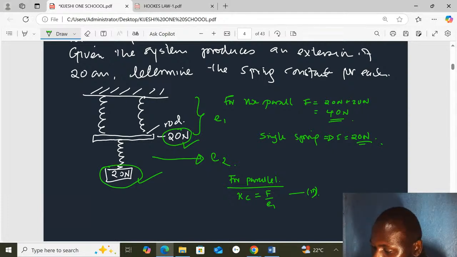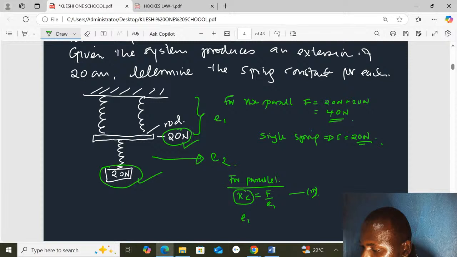We want to make E1 the subject formula, therefore E1. I think it will be okay. Our Kc here will be 2K.